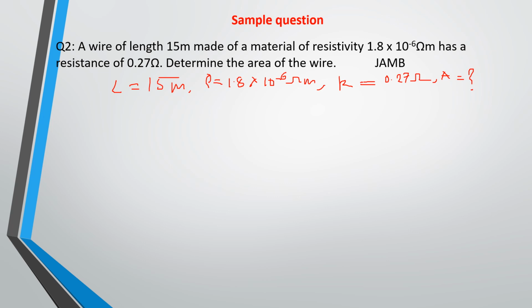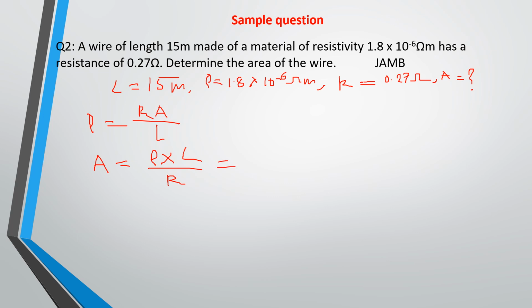So from your equation on resistivity, resistivity is equal to RA all over L. Here, make A the subject of your formula because you are looking for area. So A will be equal to resistivity times length all over resistance.